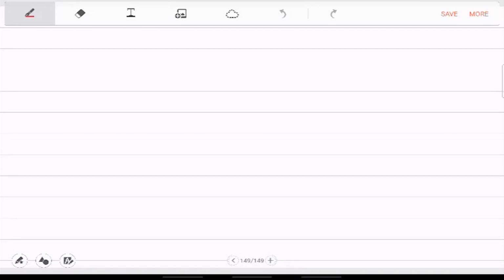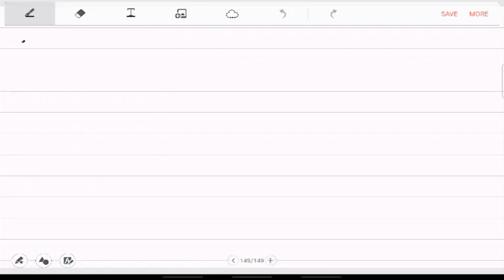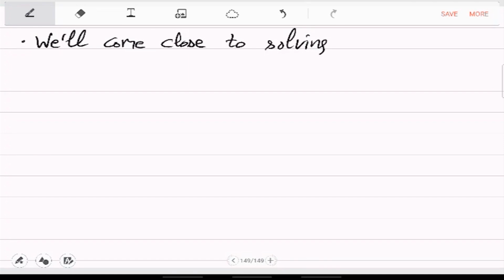We will actually give evidence that parity SAT is harder than SAT. It should be as hard as sharp SAT, in fact. We will come close to solving it.